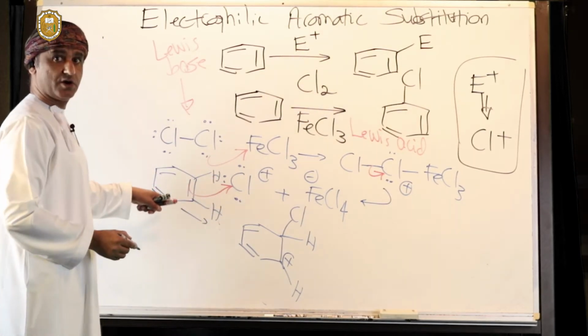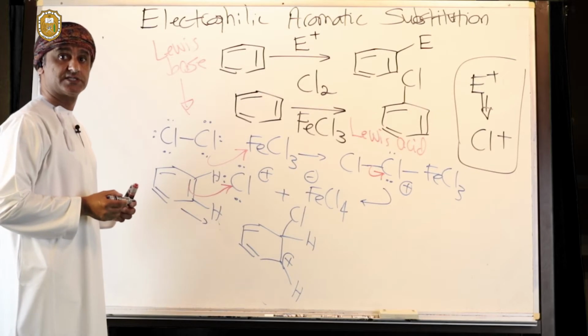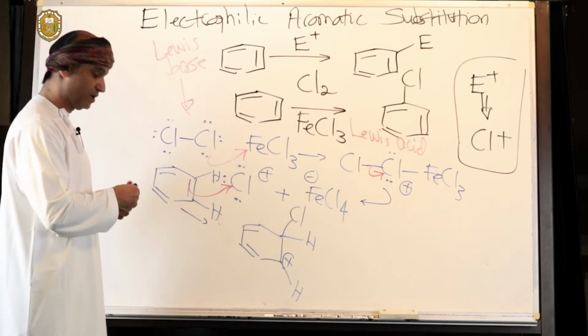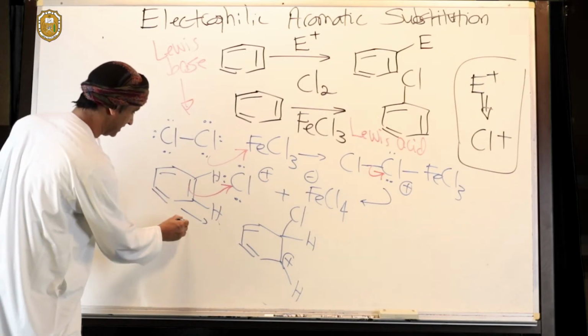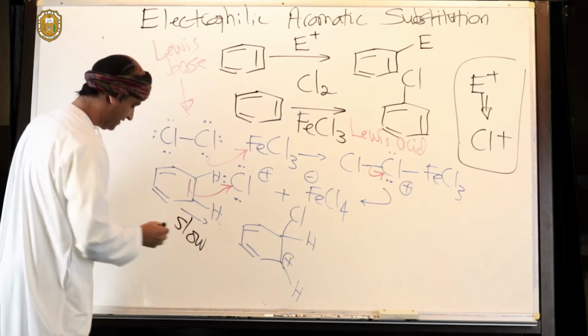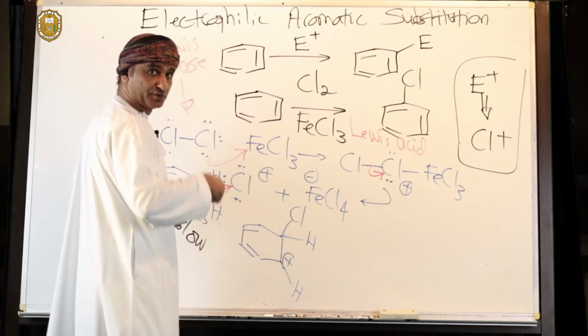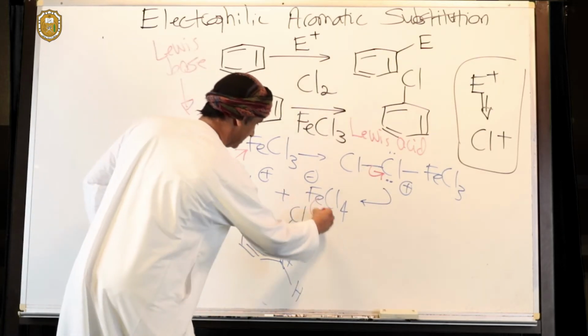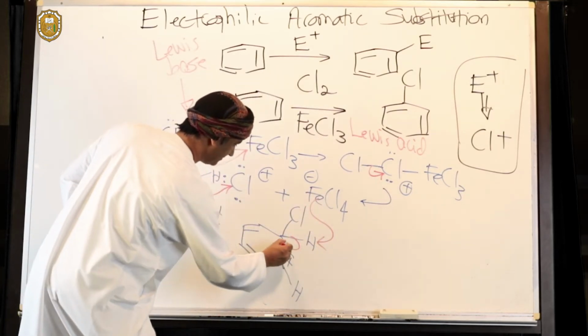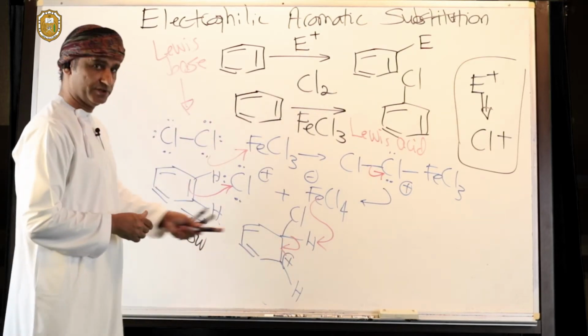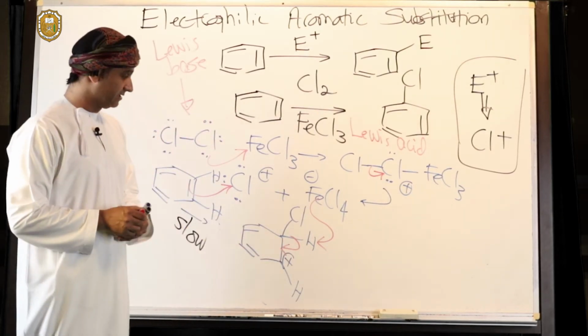Remember, this step is slow because the benzene ring loses aromaticity, so that's why it's not fast. It's actually slow, but this carbocation intermediate would then regain aromaticity in a fast step, in this way, as shown electronically, as indicated by the arrows.